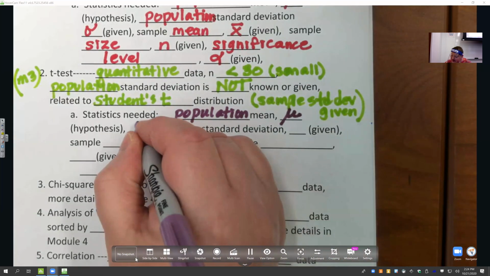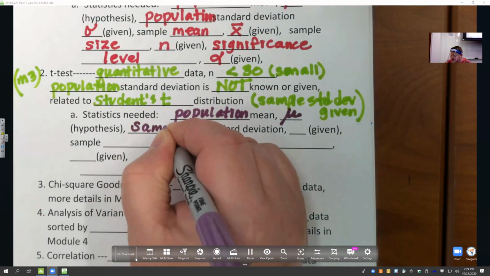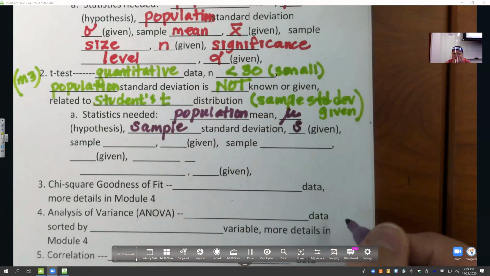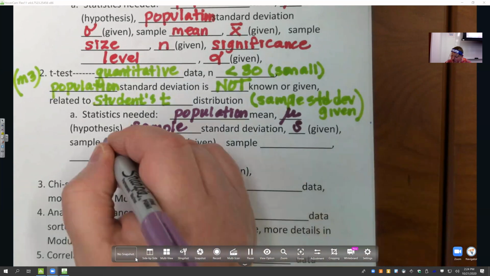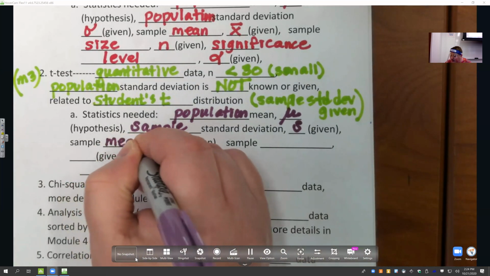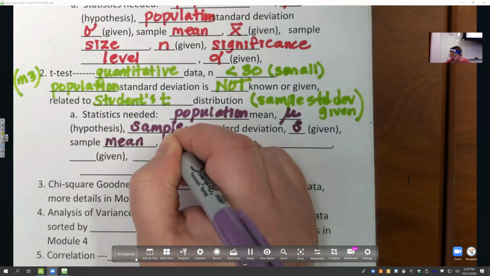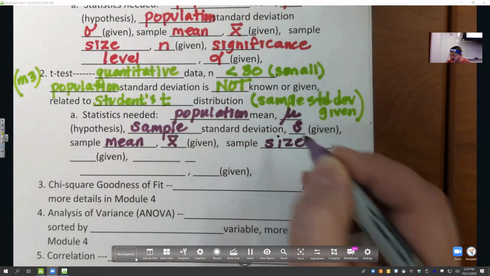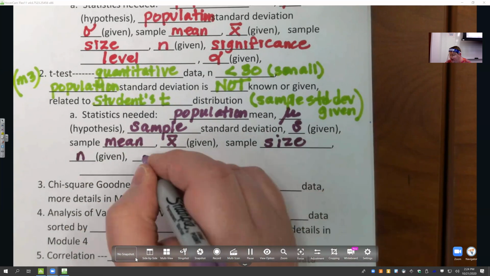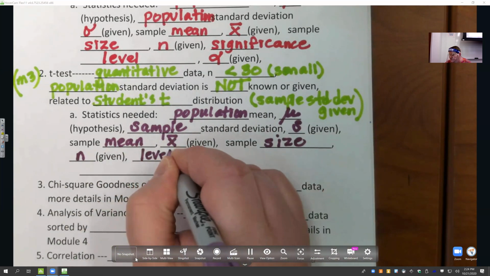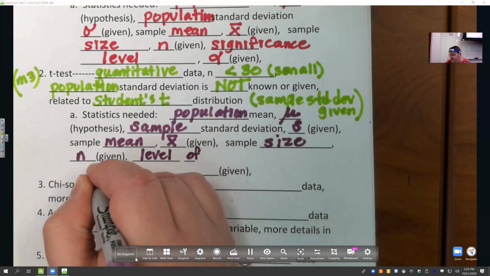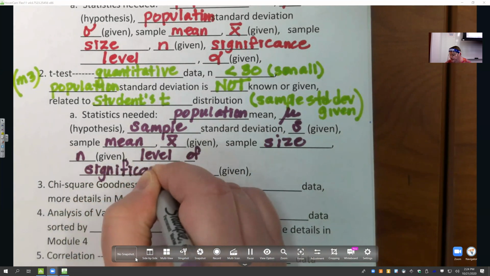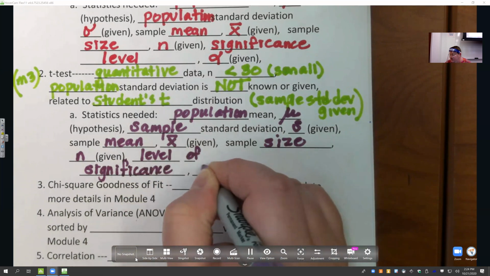You'll have the sample standard deviation, which is S. You'll have the sample mean, which is X bar. The sample size, which is N. And you'll have the significance level, or sometimes they'll say level of significance. It's the same thing, which is alpha.